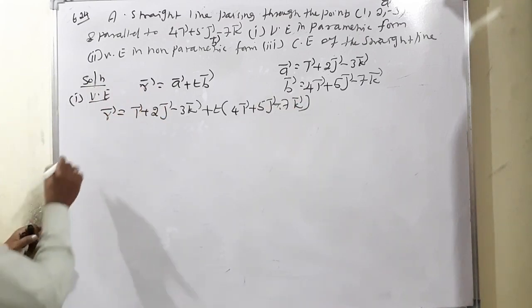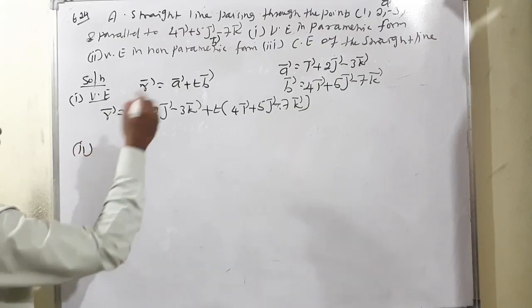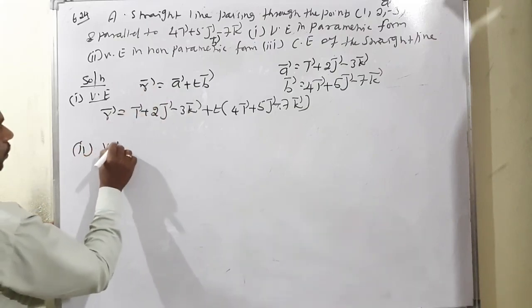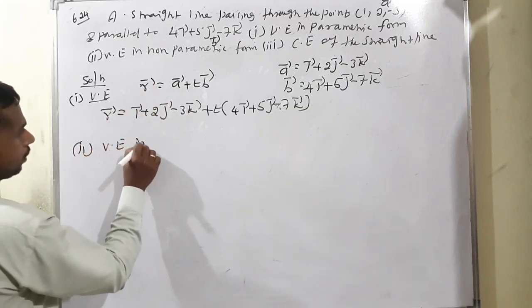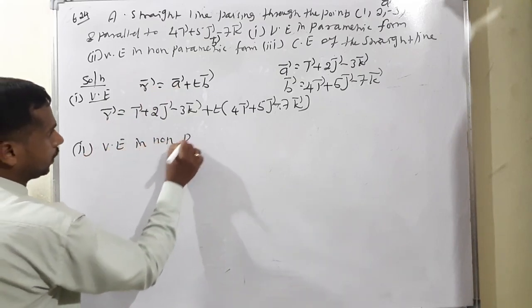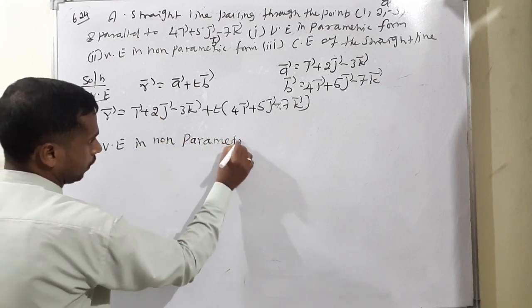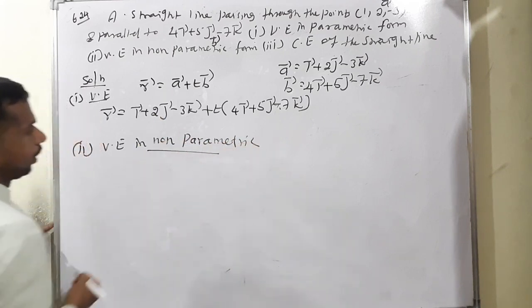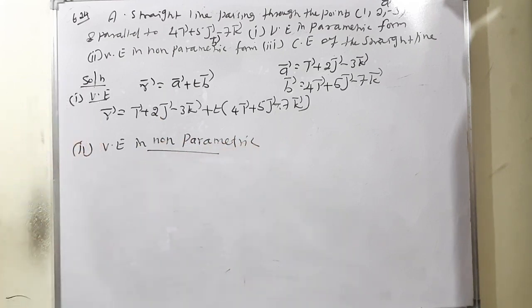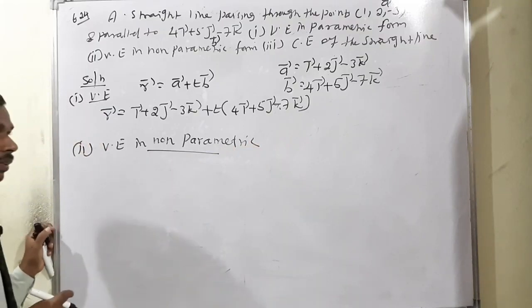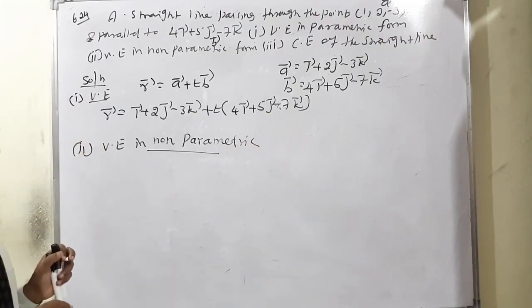Now I am moving to condition number 2. What is the meaning? Non-parametric. So the vector equation in non-parametric form. This is parametric, this is called non-parametric. Look at that. The non-parametric formula we already know: the condition AP vector parallel to b vector.